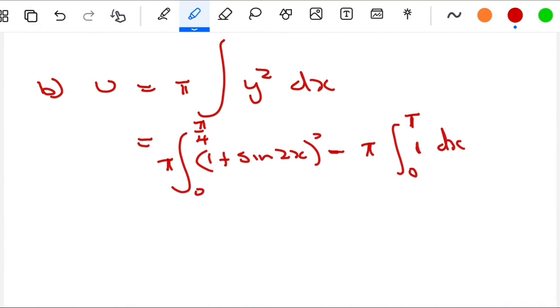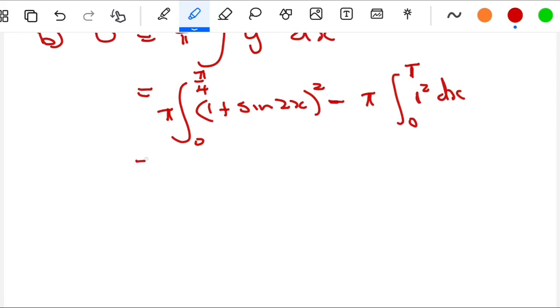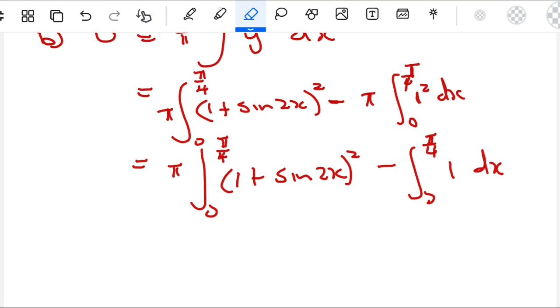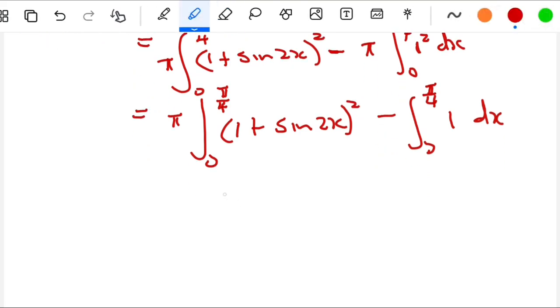Because our volume has y squared, these are squared. So let's proceed. Pi integral from 0 to pi over 4 of 1 plus sine 2x squared, minus pi integral from 0 to pi over 4 of 1 dx. Okay, so we need to expand this one here. We are going to get 1 plus 2 sine 2x plus sine squared 2x.